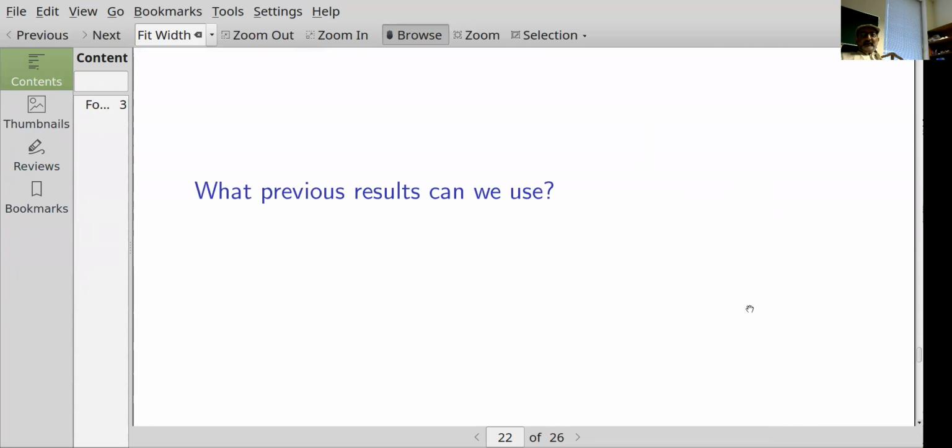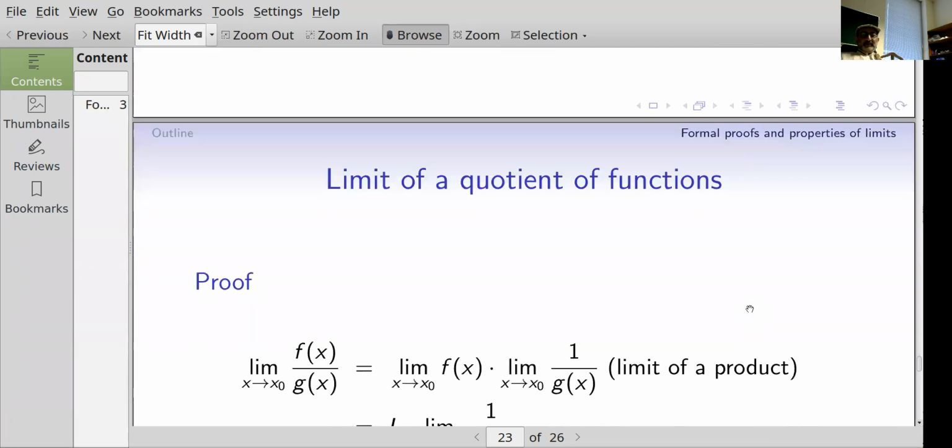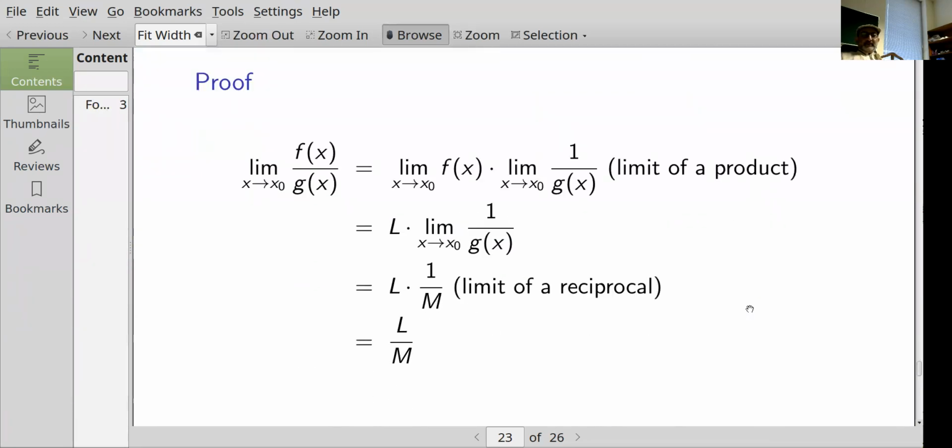Okay, and then if we want to prove this formally, instead of going all the way back to the epsilon delta definition, we could say, well, I've proven the rule for the product, and I've proven the rule for reciprocals. So let me think about it this way. The limit as x goes to x naught of f of x over g of x is the limit of f times the limit of 1 over g, right? Because this is the limit of a product.